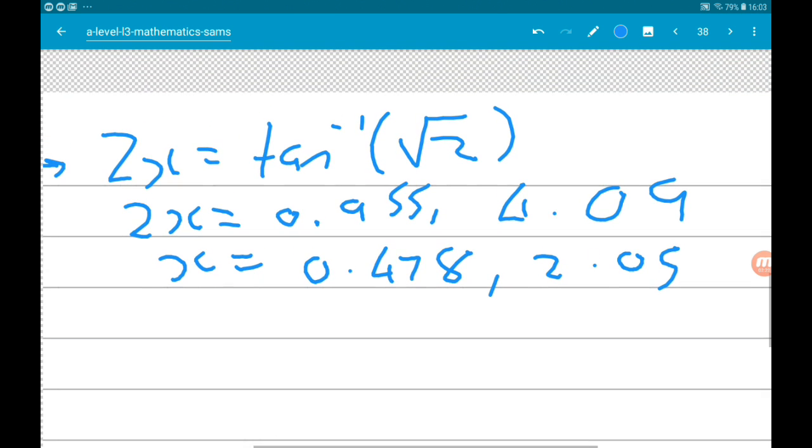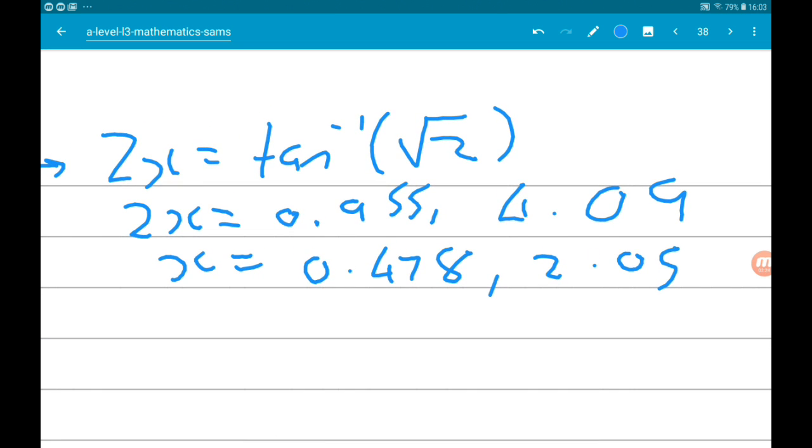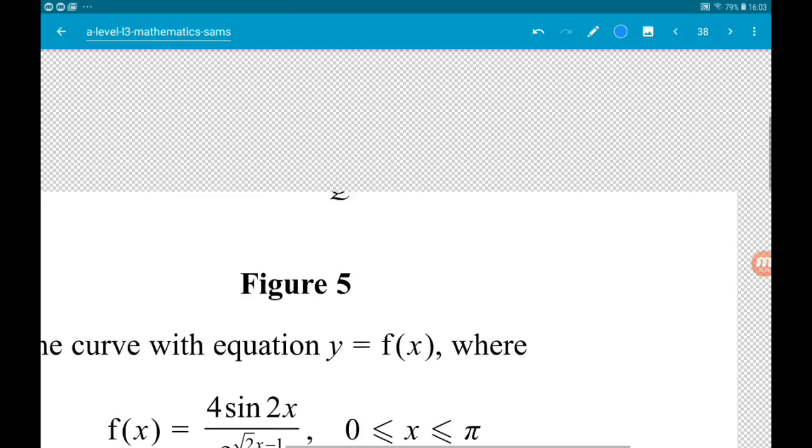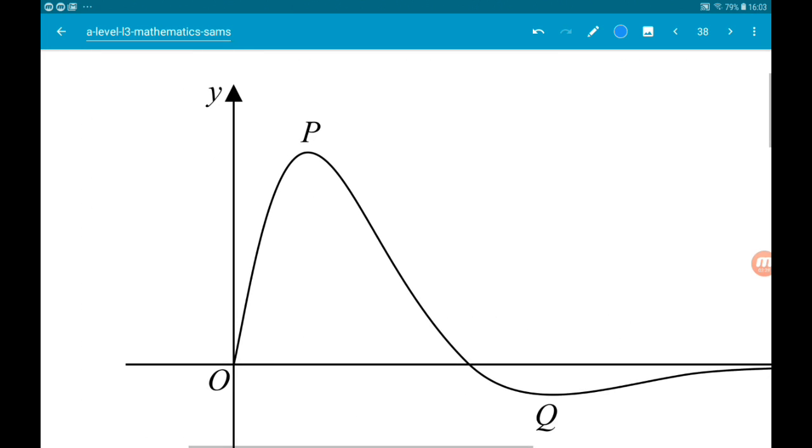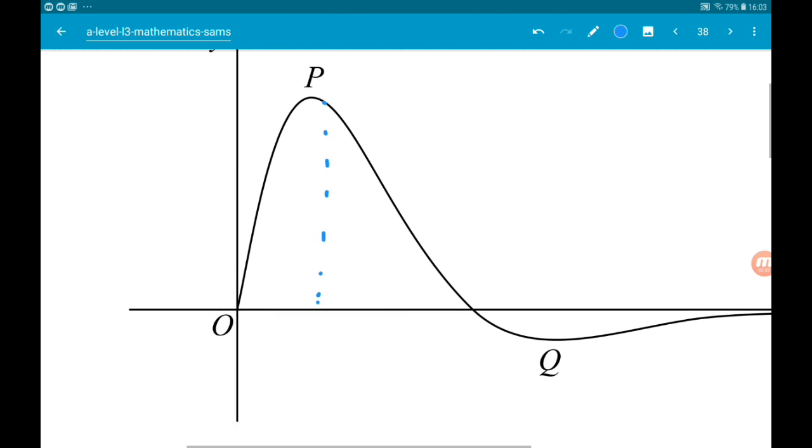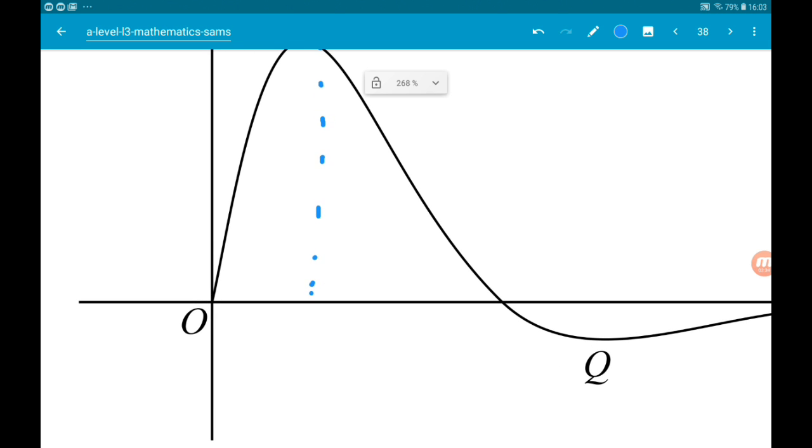So now we know the x-coordinates of each turning point. So this one is 0.478.